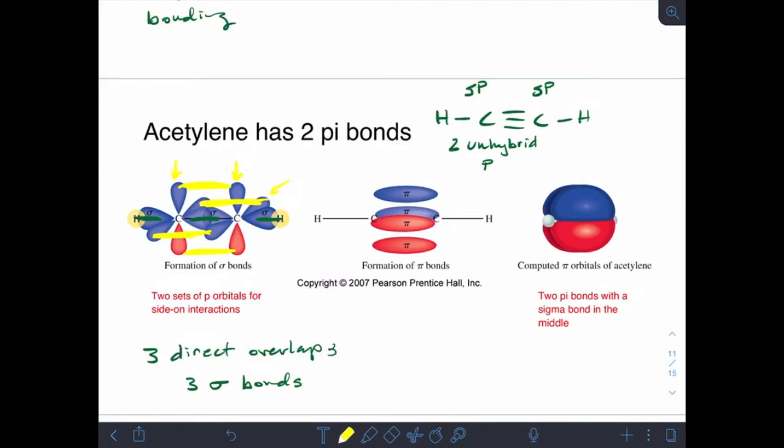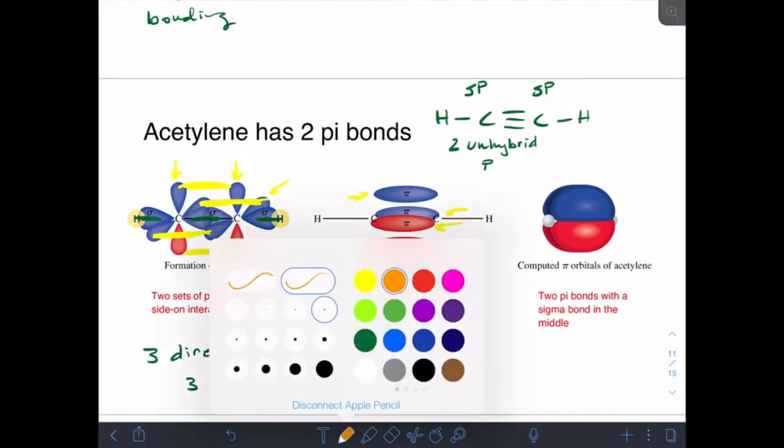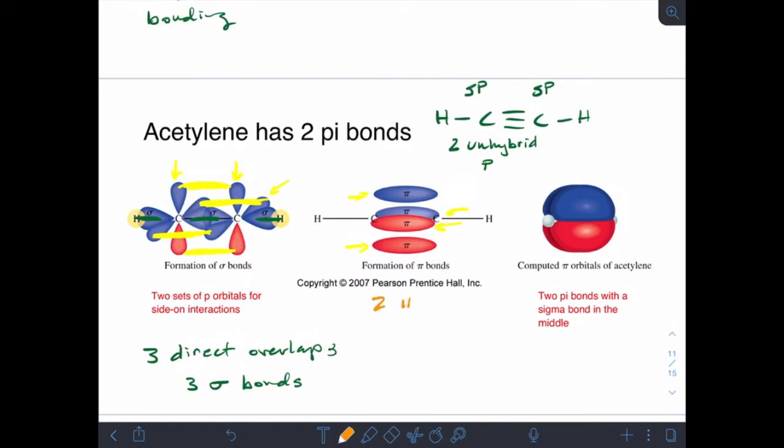Our drawing in the middle is showing that top and bottom. So here's your top and bottom, and then here's your front and back. So what you end up with is sort of a sandwich, which makes two. We have two pi bonds.